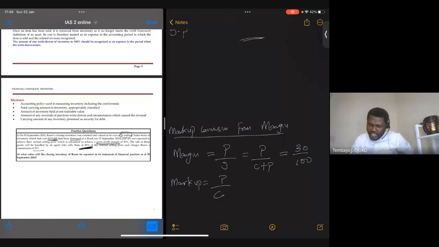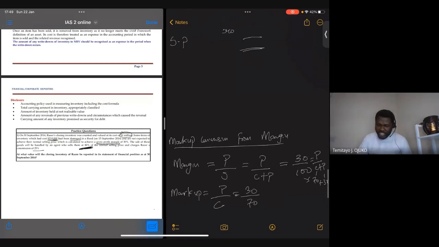It can be assumed that this is profit and this is cost plus profit. It means that my cost is 70 and my profit is 30 to equal 100.